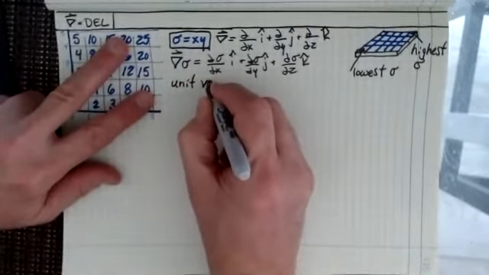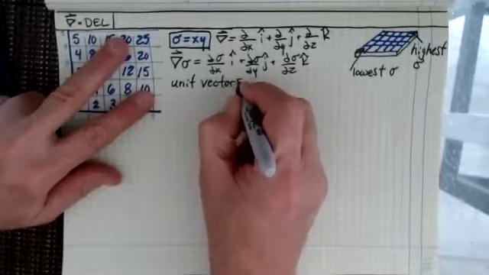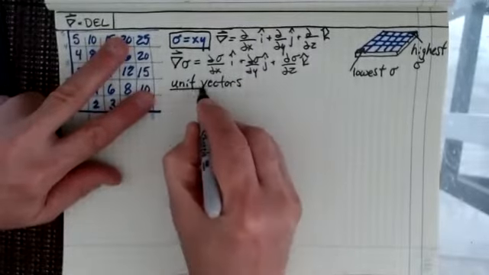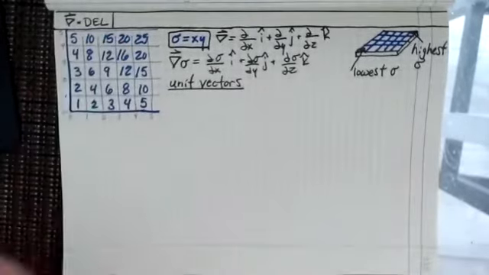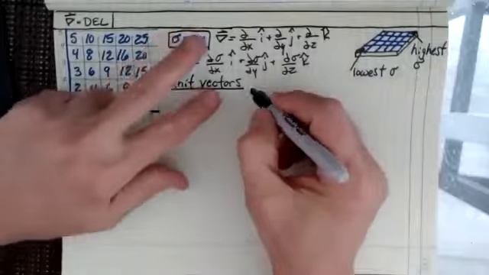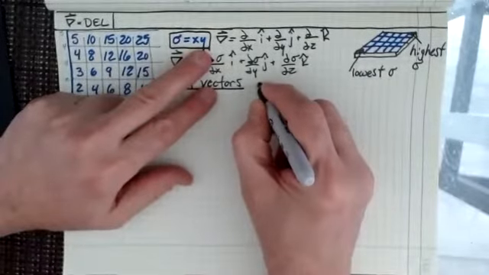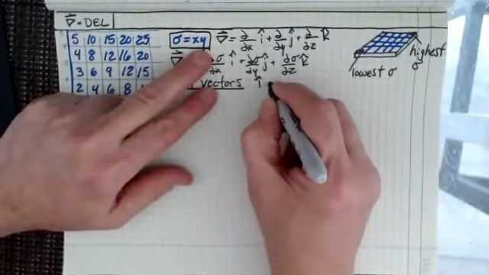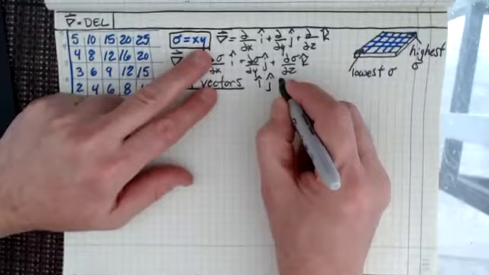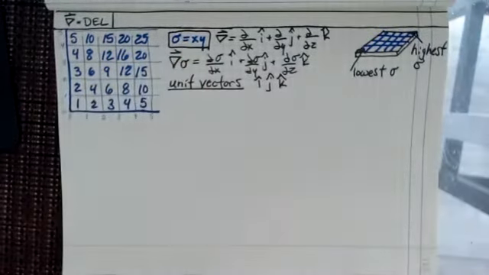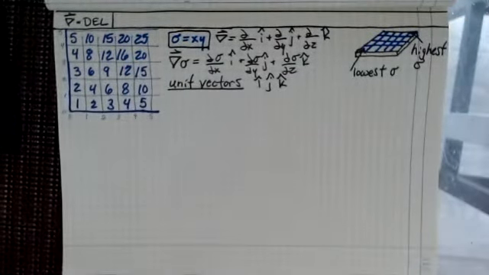Now, I talked to you about that, and we've talked about the unit vectors in the three different directions, the I hat vector, the J hat vector, the K hat vector. What do those three have in common? They're all 1 unit long, aren't they?